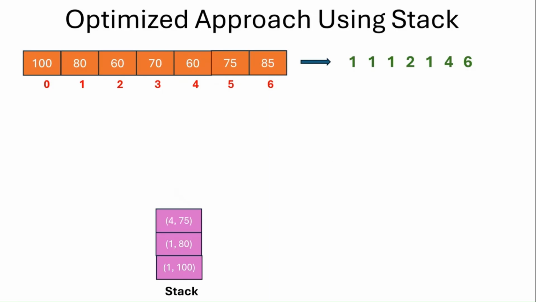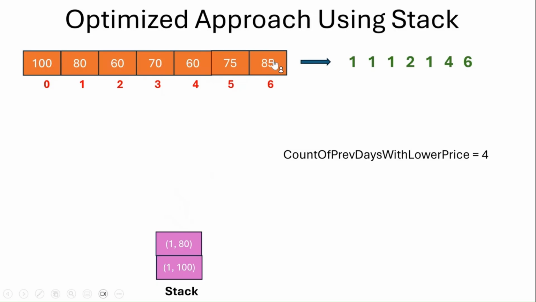Now when the next day comes with the stock price 85, the previous day stock price 75 is less than 85, which contains the 4 as a span value, because 75, 60, 70, 60, these 4 days have a value less than or equal to 75. That's why 4. So we'll remove this from the stack because 75 is less than 85.